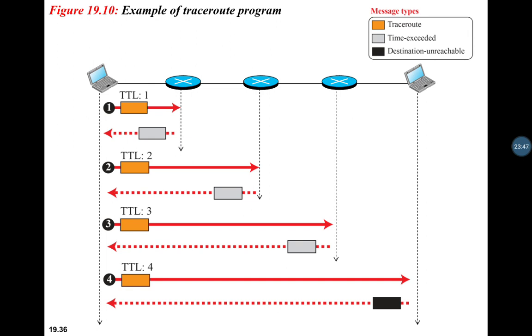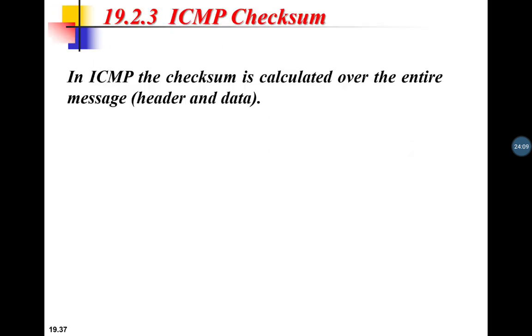ICMP sends a different message with the code 3 to show that the port number is not found. After receiving this message, the trace route knows that the final destination is actually reached. From this we can find the IP address and name of the final destination. That is what is done in the trace route.